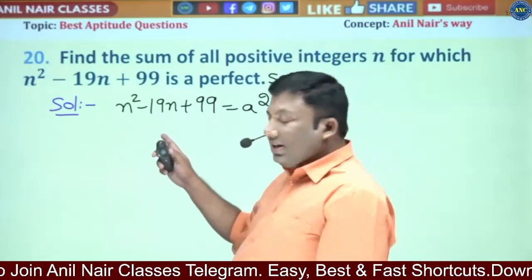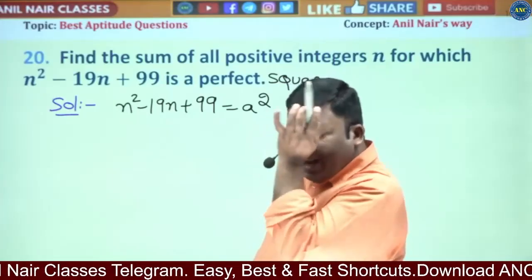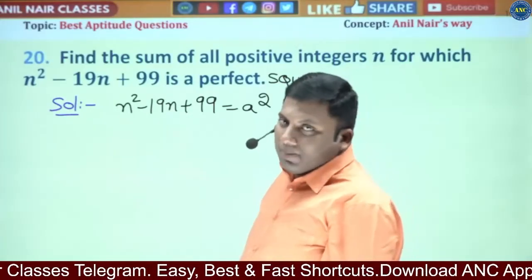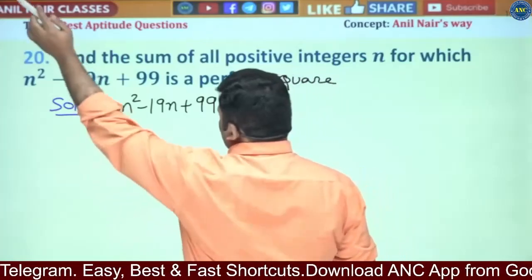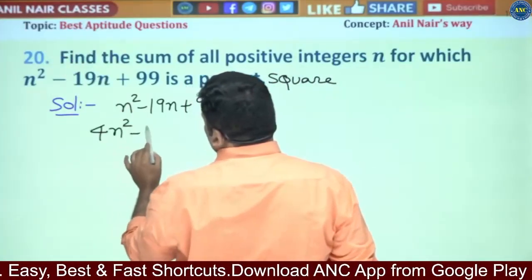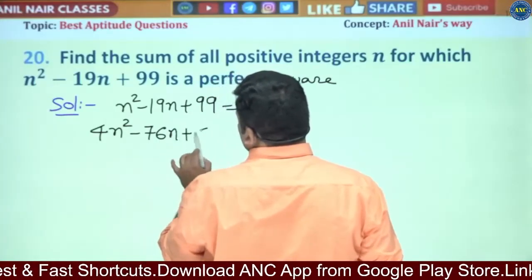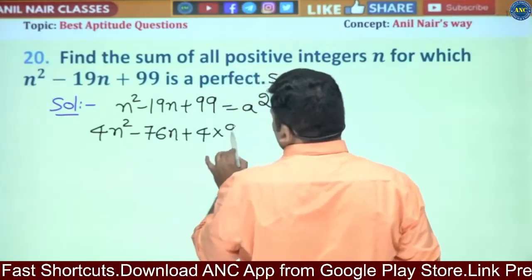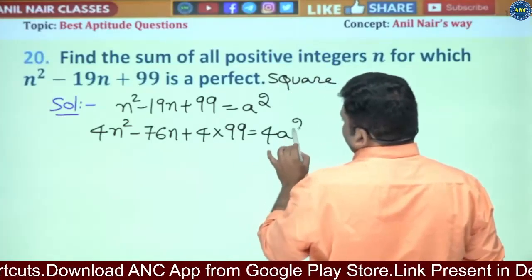How many terms are there on the left hand side? 1, 2, 3. Which term is a square? I will have 3 terms. A plus b whole square is a square plus 2ab plus b square. So since it is so, I will multiply with 4. 4n square minus 76n plus 4 into 99 equivalent to 4a square.